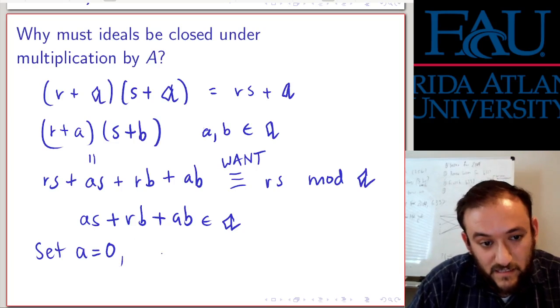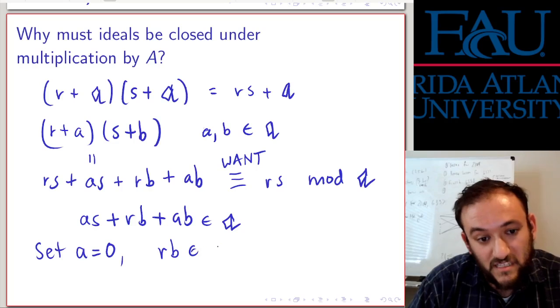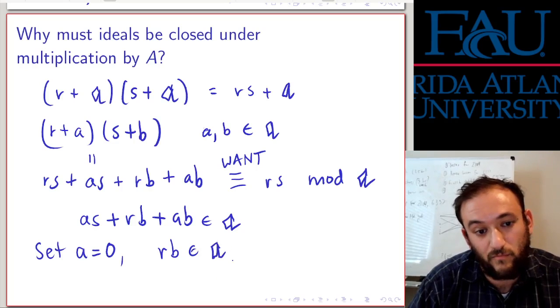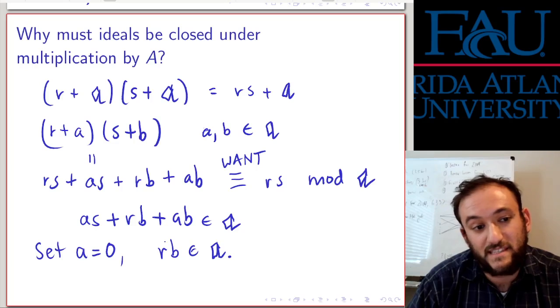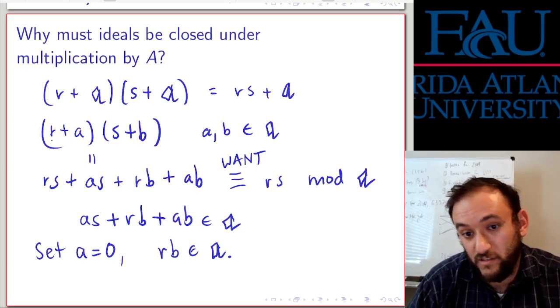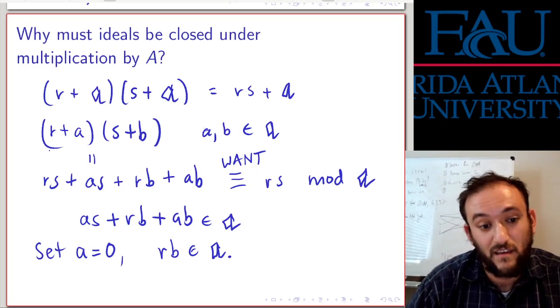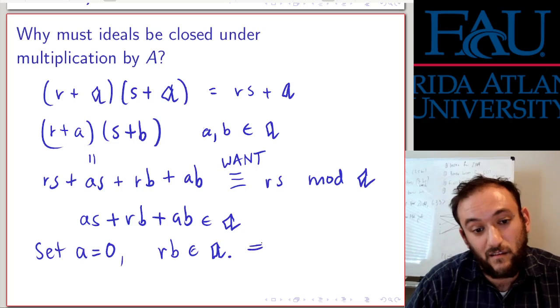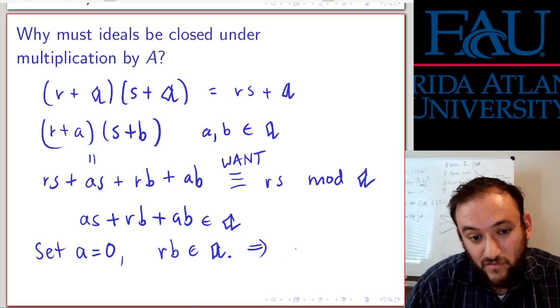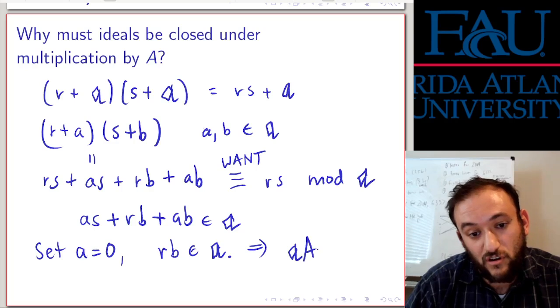Then what we're saying is rb must be in 𝔞. Which means that for any element r in the ring, and b any element in the ideal, you must have closure under multiplication by A.